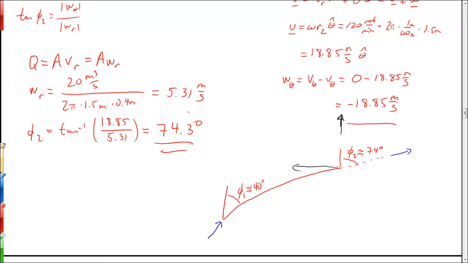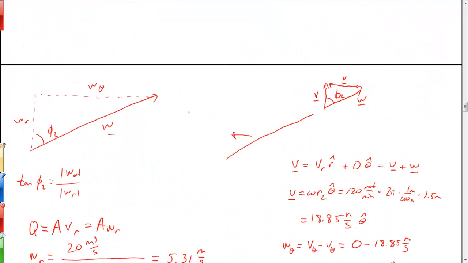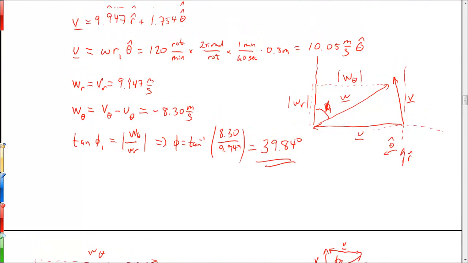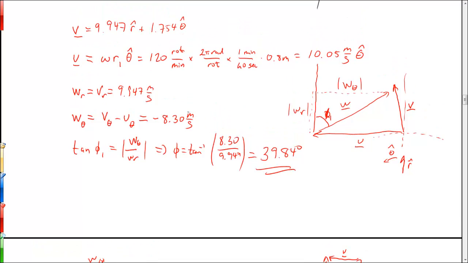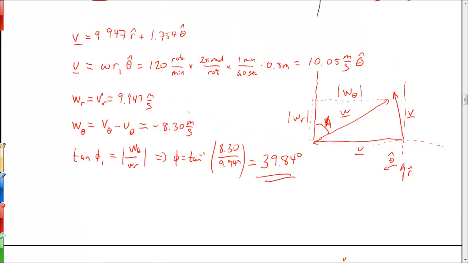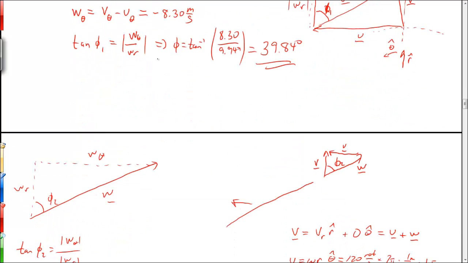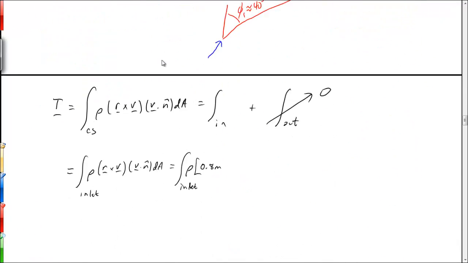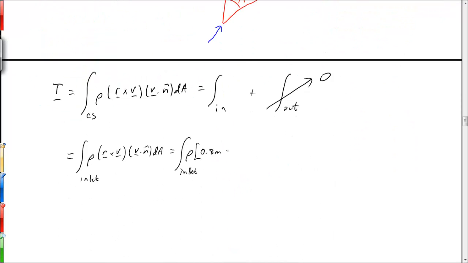Where is v theta? Here it is. 1.754 meters per second. And then we're going to have v dotted with n.